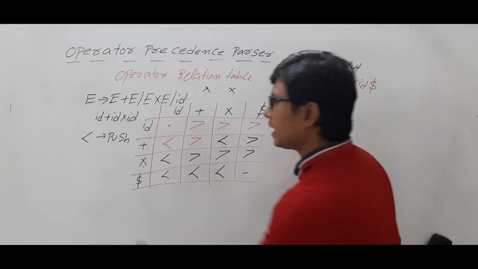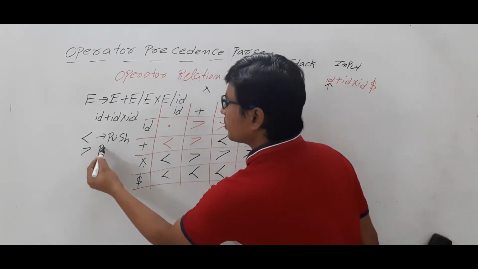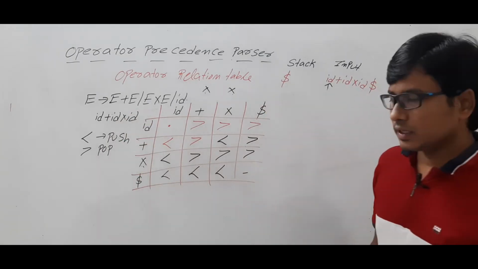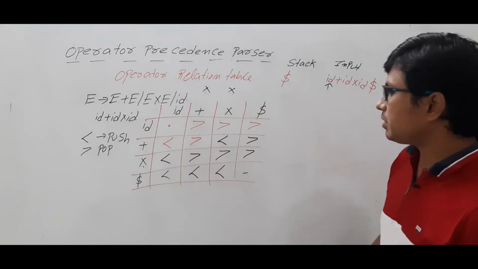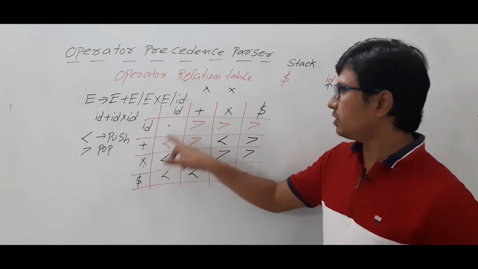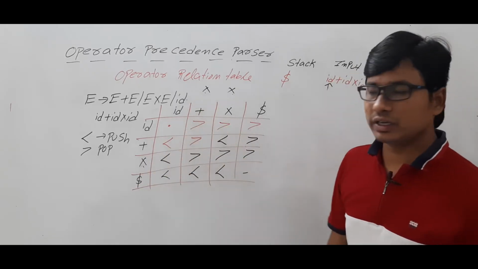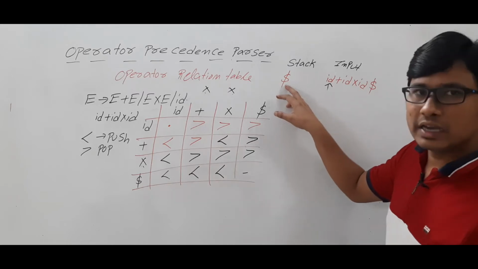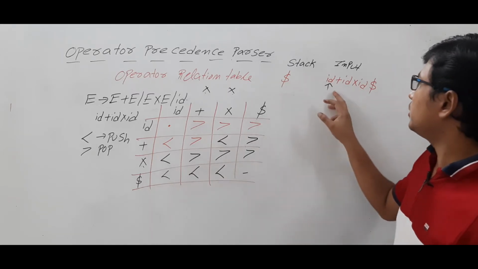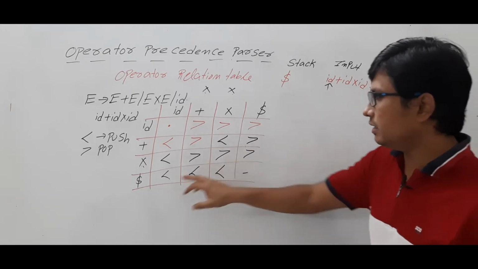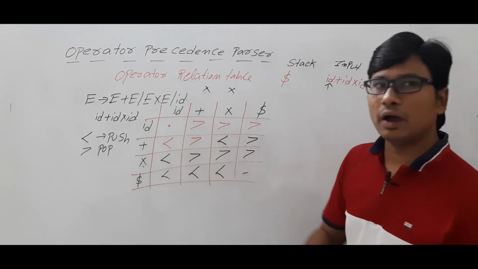Whenever you have the greater than, you will pop from the stack. And remember, always we will look at the row first, then the column. The top of the stack is dollar and your input pointer is pointing to id. Dollar and id, you have the less than.